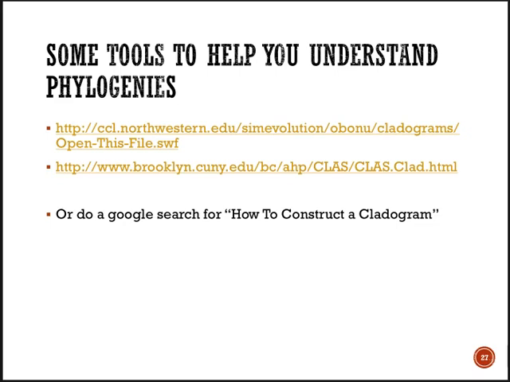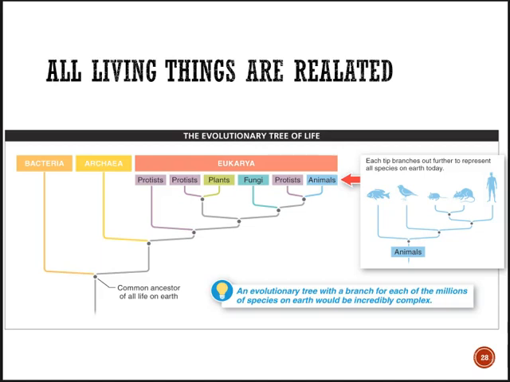Okay, so one of the things that phylogenies teach us, when you really start to understand that they are showing the evolutionary history, is that everything is related to each other. We are all one big happy family. We all have things in common.